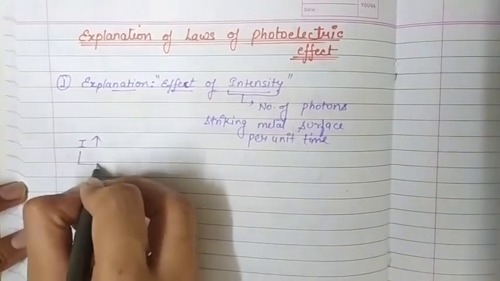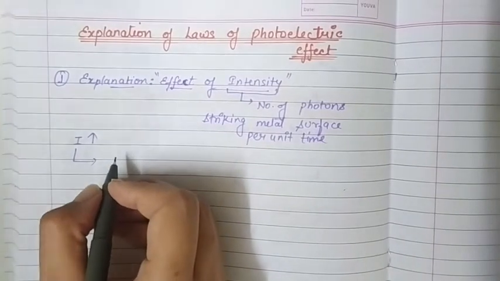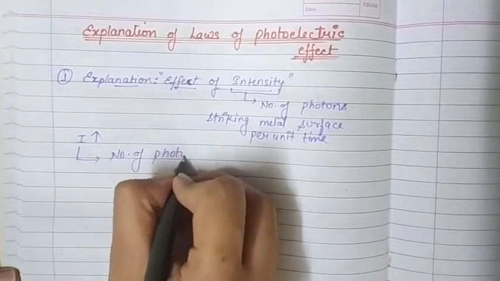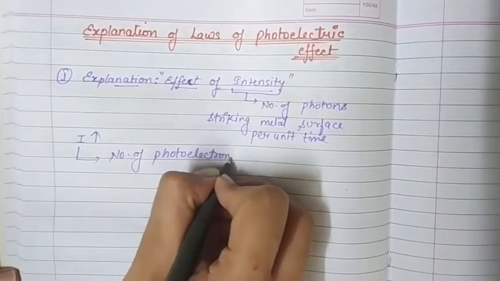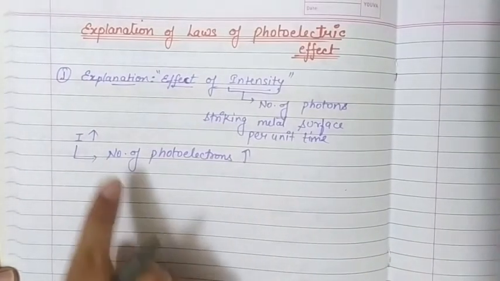So if the intensity increases, that means the number of photons increases. Because of the increase in the number of photons, the number of photoelectrons will increase with the increase of this intensity.